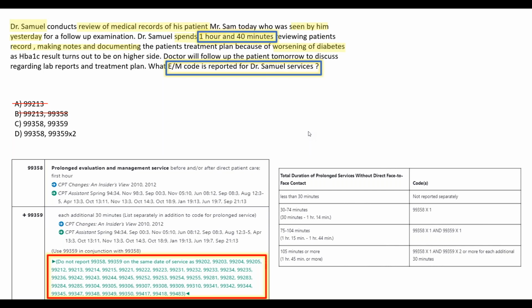That falls between 105 and 114 minutes, which would be 99358 and 99359 times 1. So we are not going to code for an additional 30 minutes. That will eliminate option D, and the correct answer is option C, 99358 and 99359.